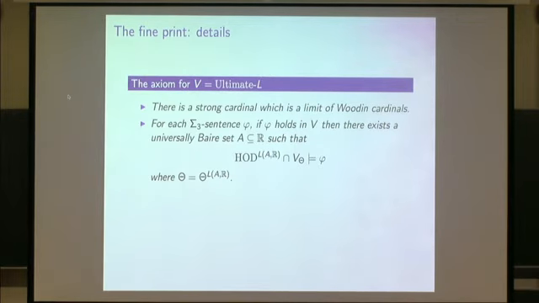So the universally Baire sets are an abstract generalization of the projective sets. I can tell you what they are. A set is universally Baire if its continuous preimages in every topological space have the property of Baire in that space, an elementary notion. HOD is that other hierarchy defined by Gödel.